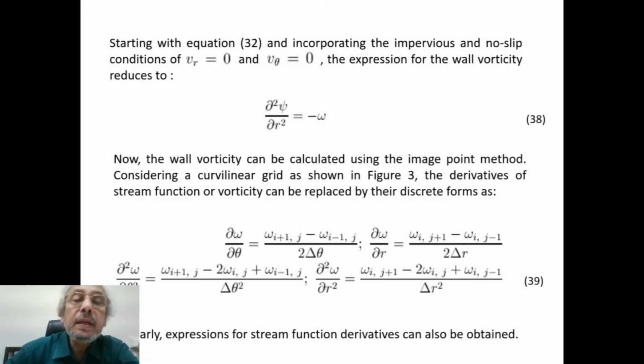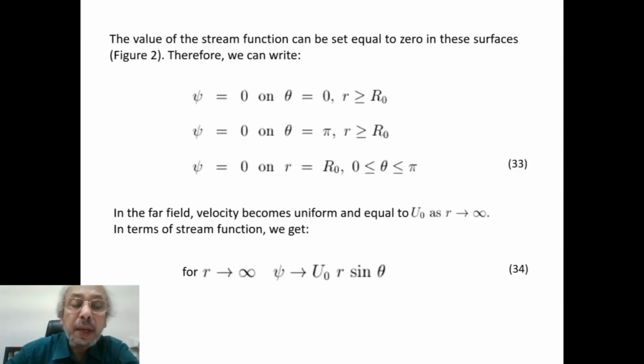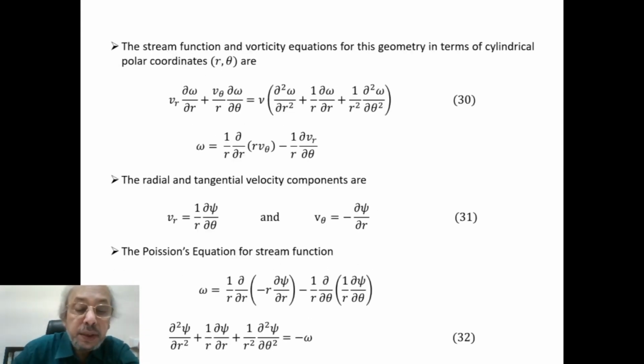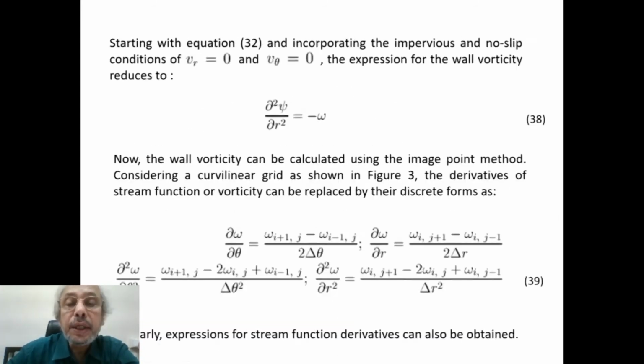Then again, going back a few slides to equation 32, if we set the conditions Vr equal to 0 and Vθ equal to 0 and use the corresponding stream functions, we will get ∂²ψ/∂r² equal to minus omega.